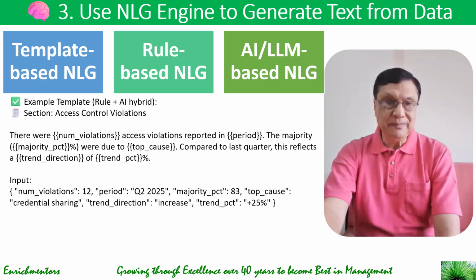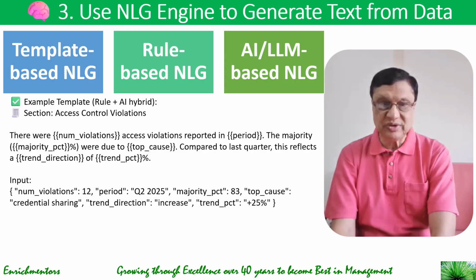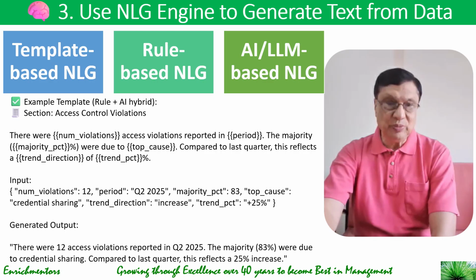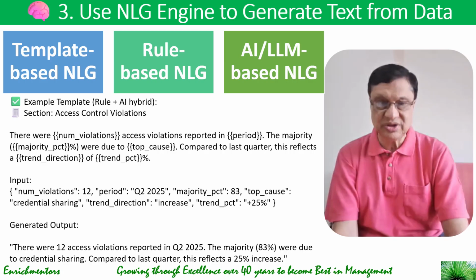So if you provide the inputs on the data, like number of violations equals 12, period equals Q2 2025, and so on, the system will generate an output that will look like this, which says there were 12 access violations reported in Q2 2025.